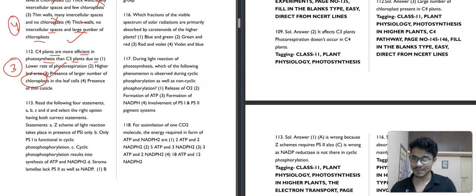Statement A is saying that the Z scheme of light reaction takes place in presence of photosystem 1 only, which is not correct. It is absolutely incorrect. Then only PS1 is functional in cyclic photophosphorylation.